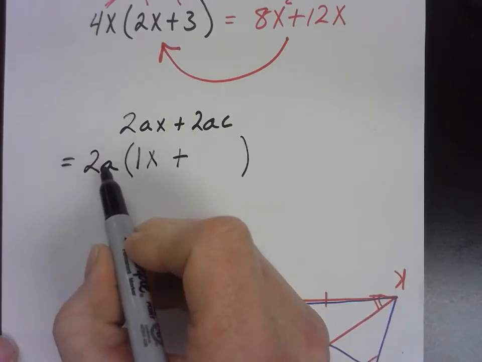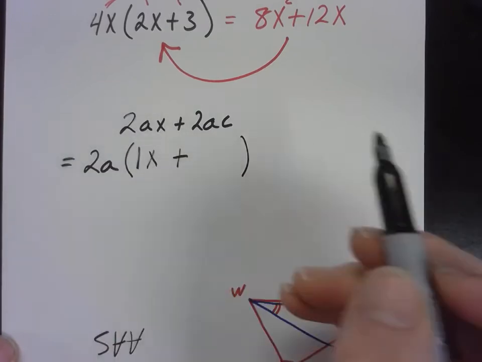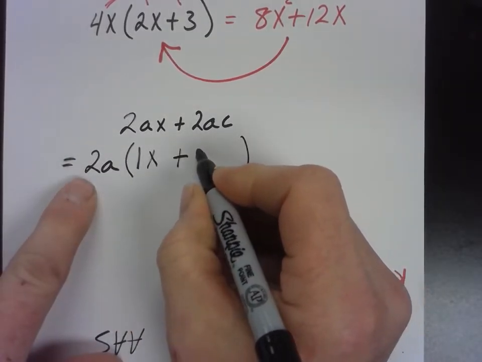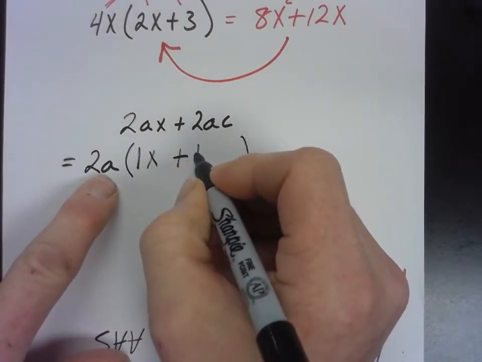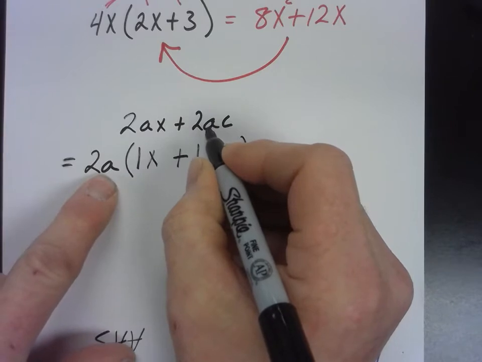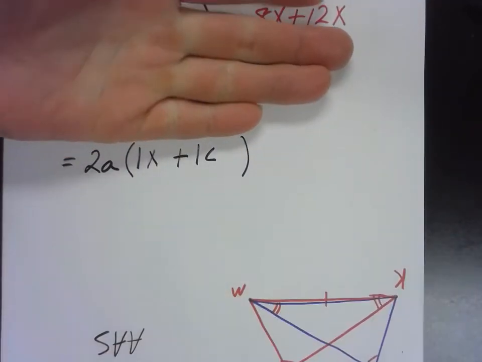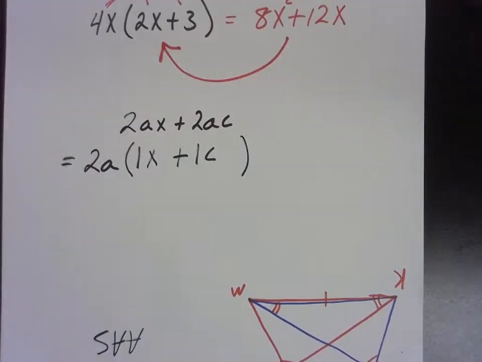Would 2a times 1x give us 2 times a times x? Yes. Okay, let's come over here. 2 times what? 1, that's 2. A times 1, that's a. And then, do I need a c? Yes. So if I gave you this and said, multiply that out, please, would you end up there?